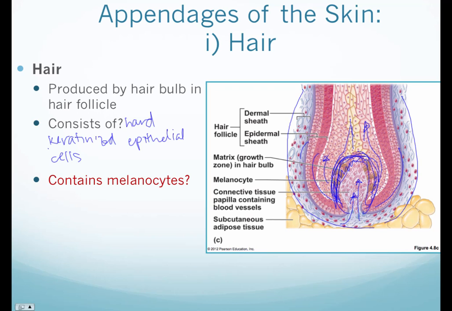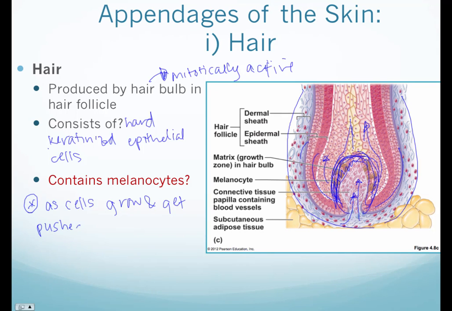okay, and all these cells in the hair bulb are mitotically active. Okay. And so, as the cells grow and get pushed further away from the hair bulb, they eventually will die.